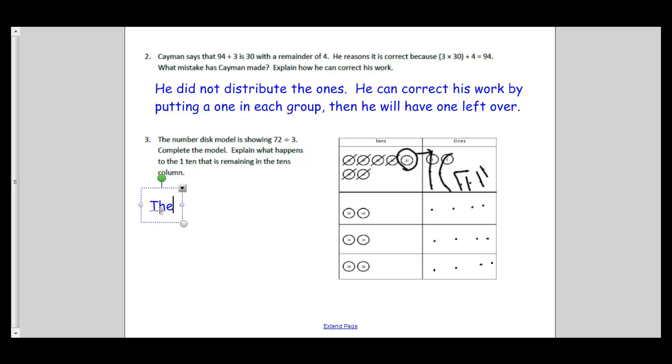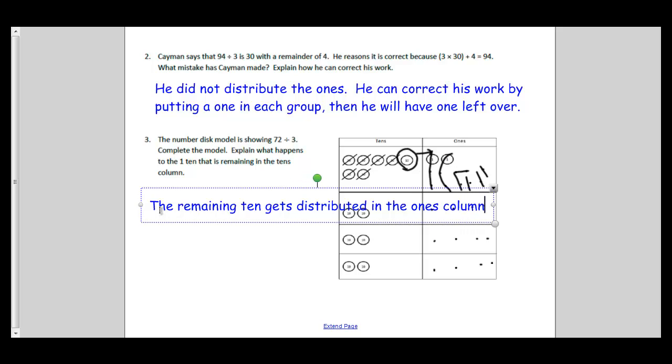Okay? The remaining 10, it's distributed in the ones column. I'll fix this in a minute so it's not all over the place like that. The remaining 10 gets distributed in the ones column and becomes 10 ones.